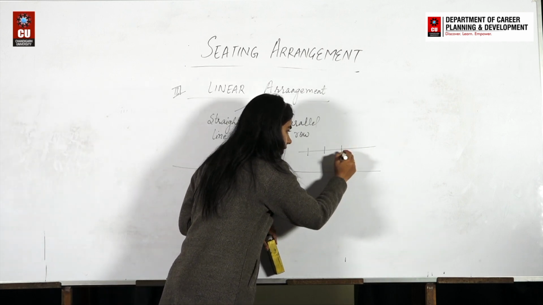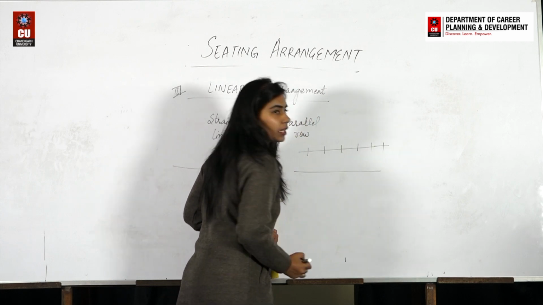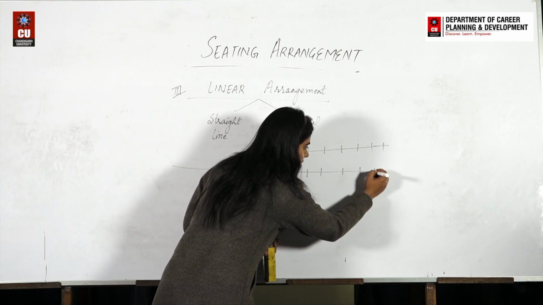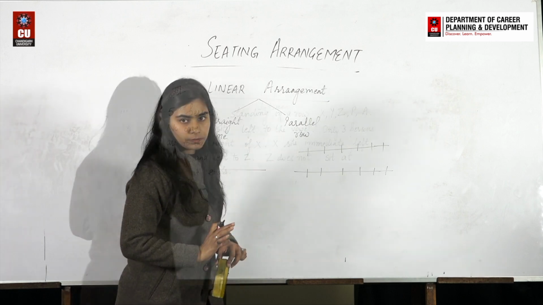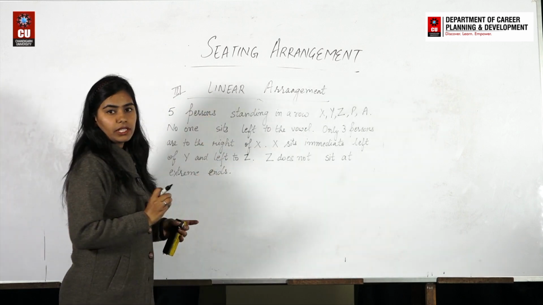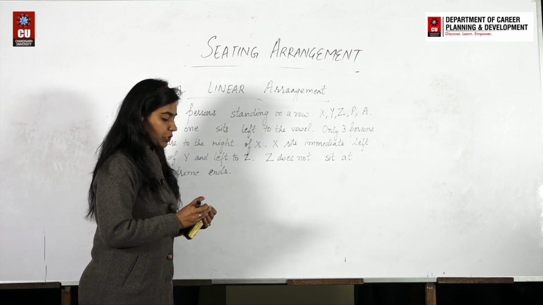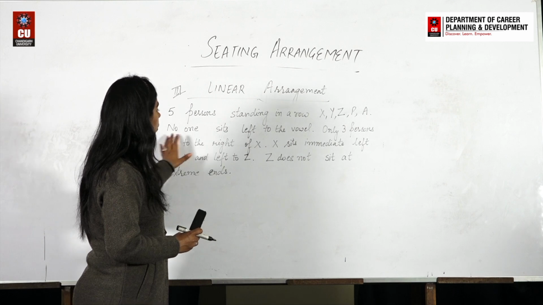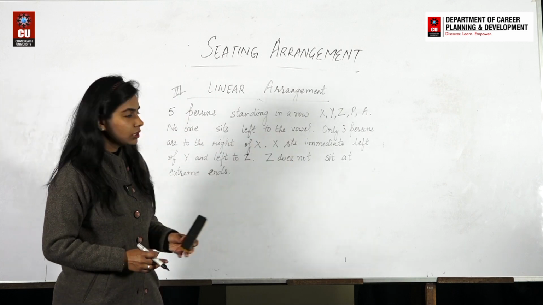If 6 persons are facing southwards, then the 6 persons facing a northward direction are always opposite to each other. Now the question of linear arrangement. 5 persons are standing in a row: X, Y, Z, P and A. No one sits to the left of the vowel.